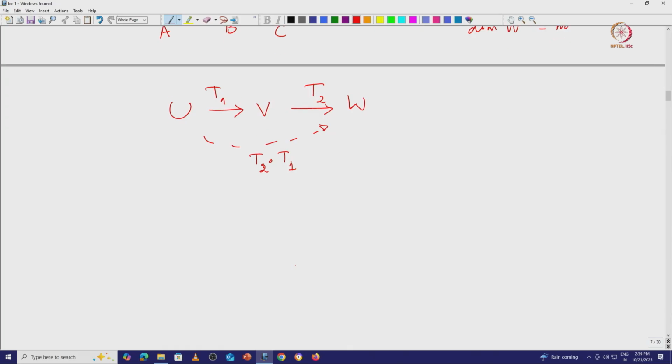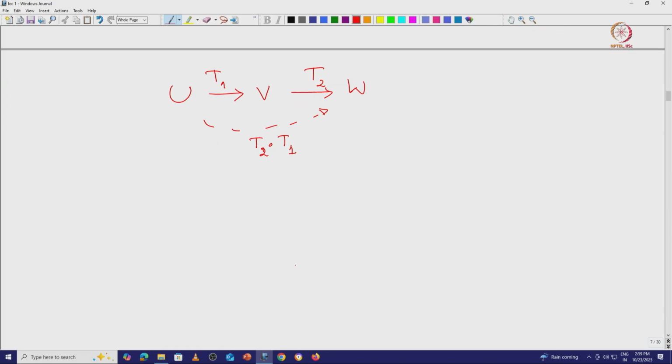Now we want to understand the matrix representation of T2 composition T1 in terms of the matrix representations of T2 and T1.